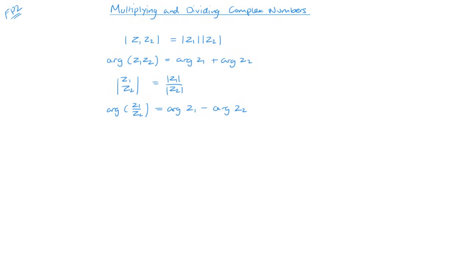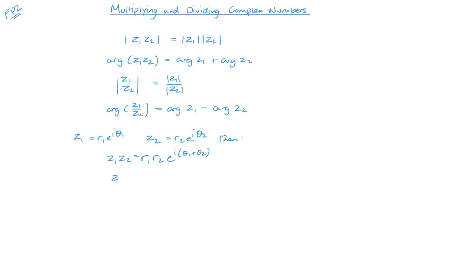Now, if we apply these results to exponential form, say Z1 equals R1 e to the i theta 1, and Z2 equals R2 e to the i theta 2, then Z1 times Z2 becomes R1 R2 e to the i (theta 1 plus theta 2).